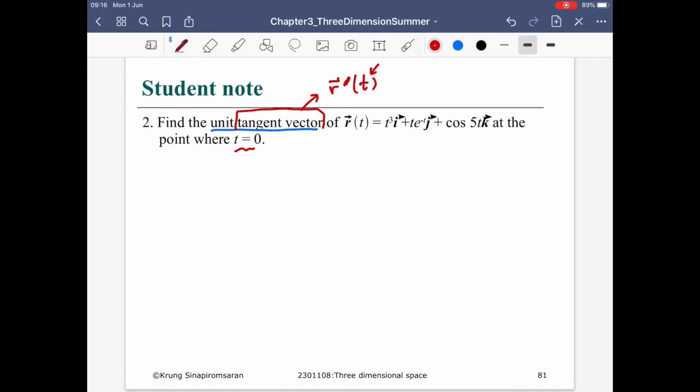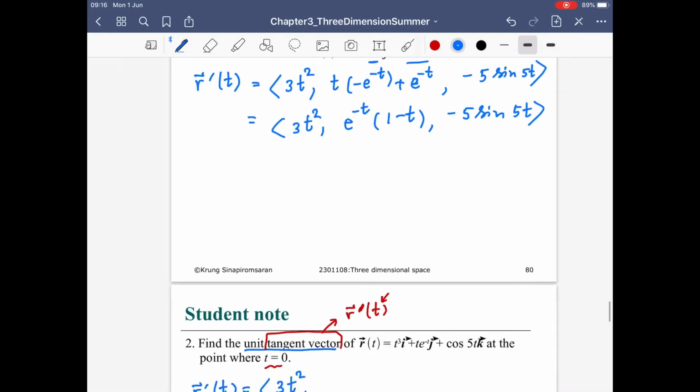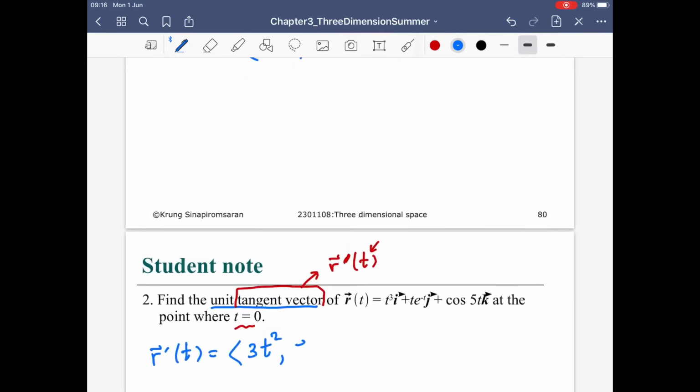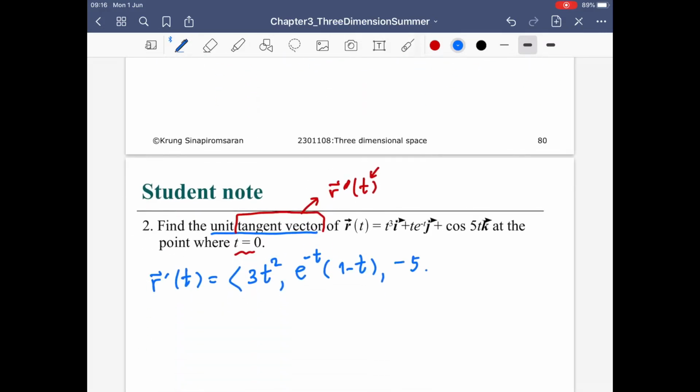What we just did is r prime at arbitrary t: it is 3t squared, then e to the -t times (1 minus t), and -5 sine of 5t.